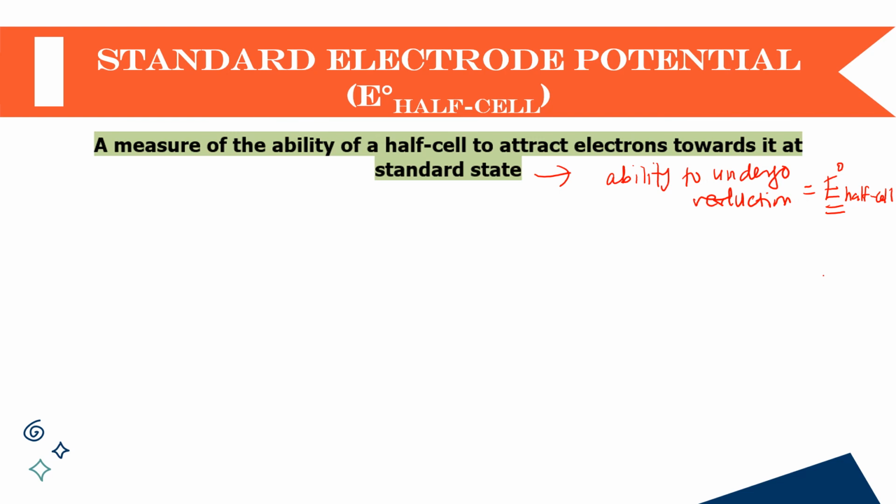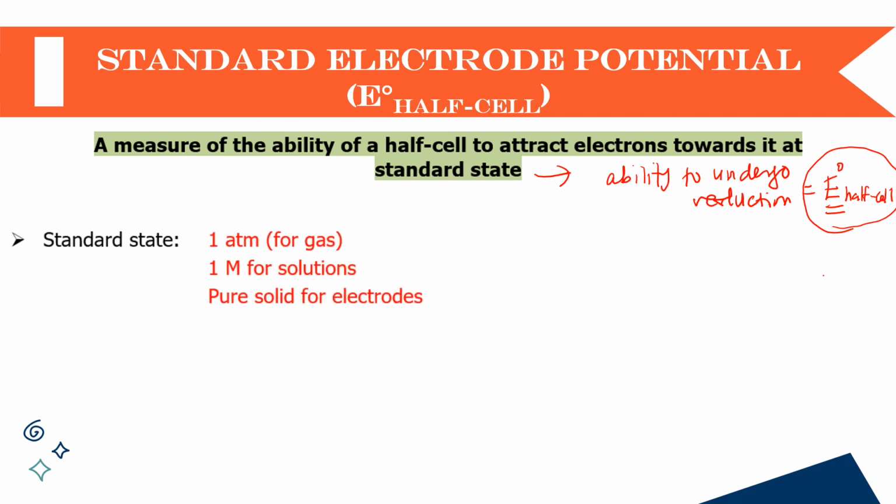But to determine which will become cathode and which will become anode, we look at the E0 of the half cell. For example, the one I did just now, zinc 2 plus with zinc, is the half cell I'm looking at.